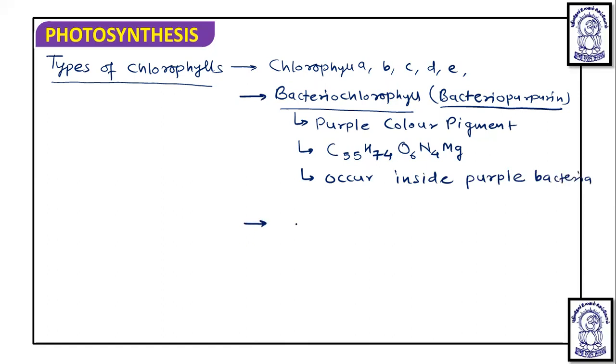Apart from this, another one found in bacteria is the bacterioviridin. This bacterioviridin is also known as chlorobium chlorophyll.